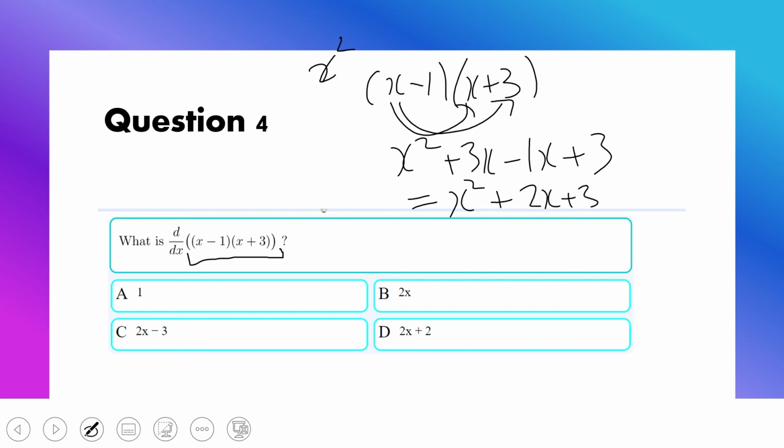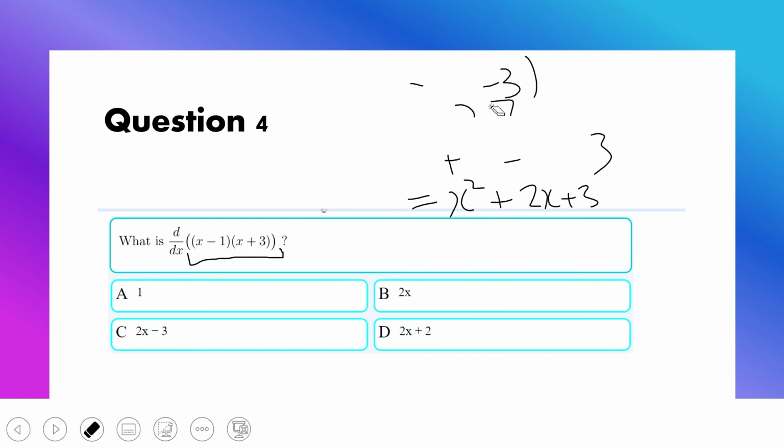That's the expanded form. Let me just rub this thing out so I have more space to write. So that's the function, right? So here we look at the individual terms and find their derivative and just combine them.